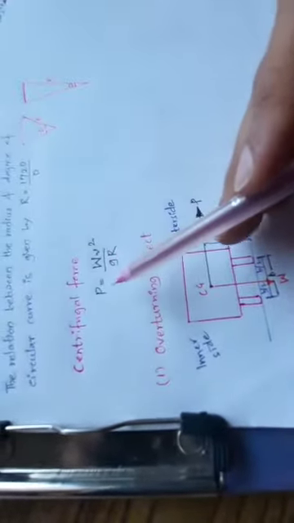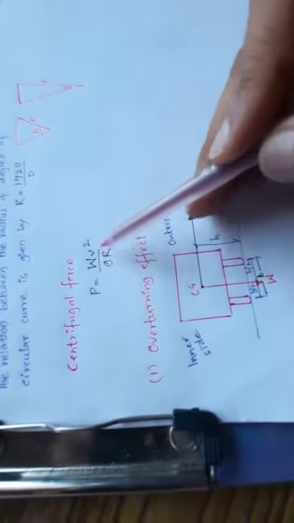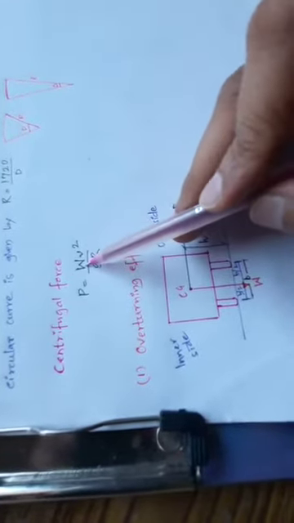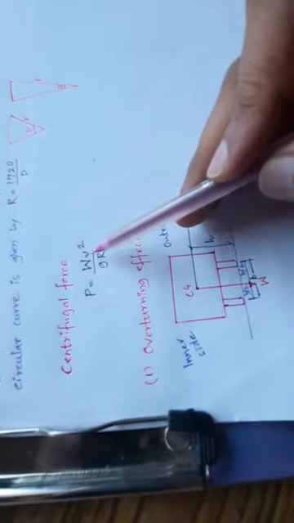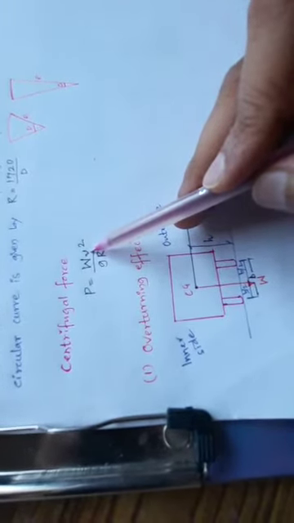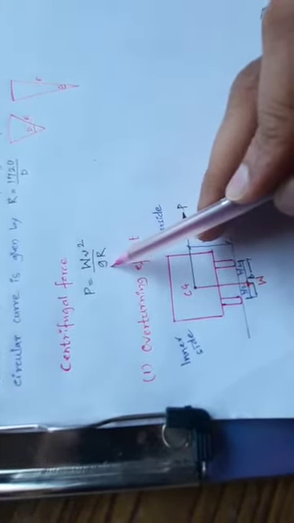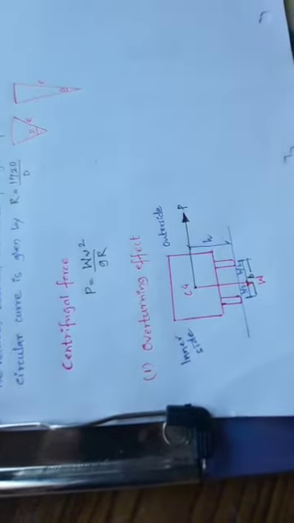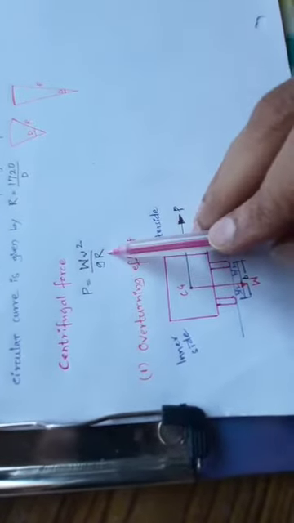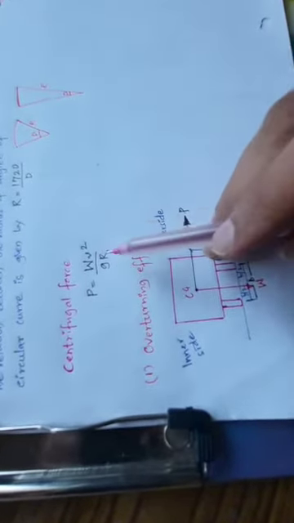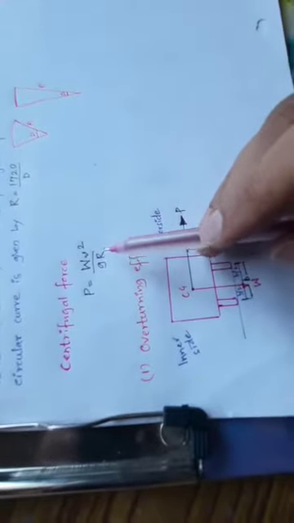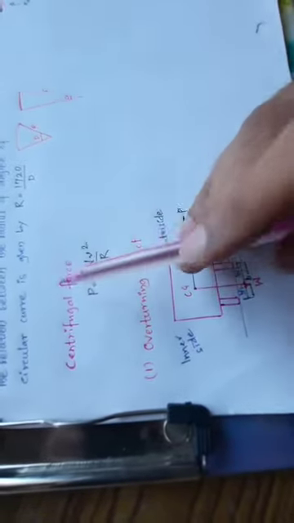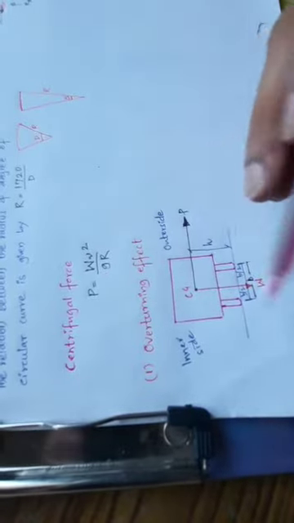It is given by the formula P equal to W V square divided by G R, where P is the centrifugal force in kg, W is the weight of the vehicle in kg, V is the speed of the vehicle in meters per second, G is the acceleration due to gravity, and R is the radius of the circular curve in meters. Clear? When any vehicle negotiates a horizontal curve, the centrifugal force comes into the picture, which tries to pull from the outer side.